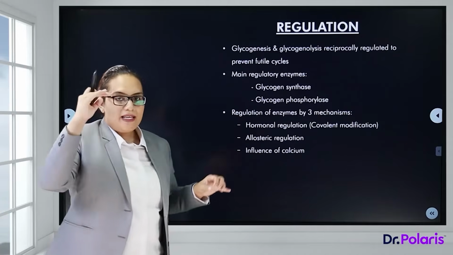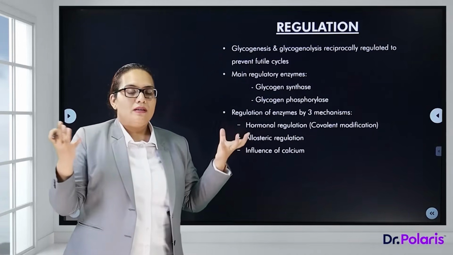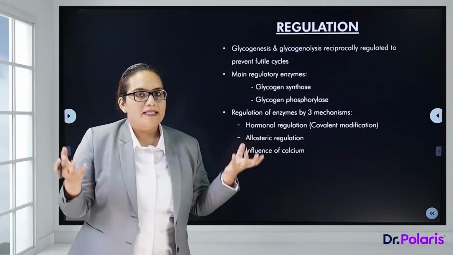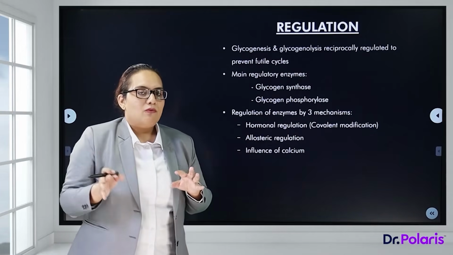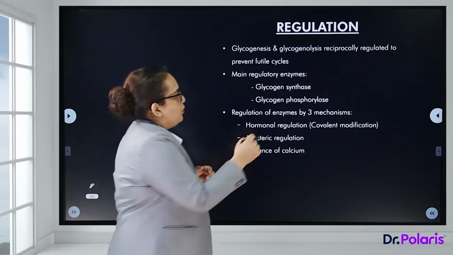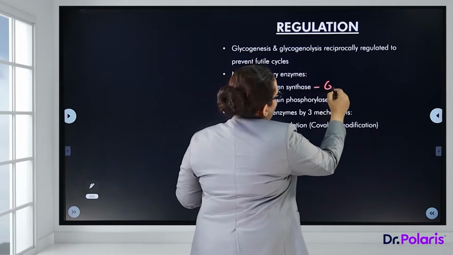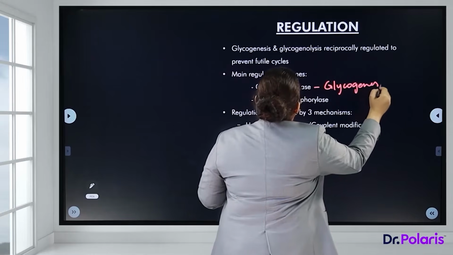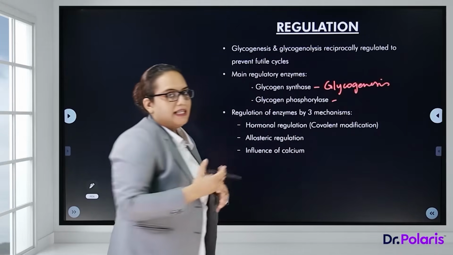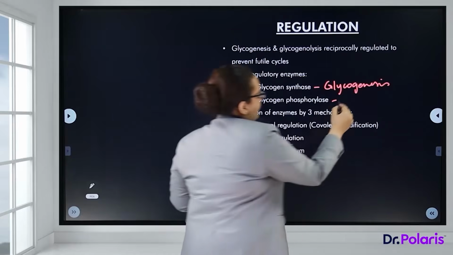These are the three levels at which both glycogenesis and glycogenolysis are well regulated. The two main key enzymes involved in this regulation are glycogen synthase for glycogenesis, and glycogen phosphorylase, which is the key enzyme of glycogenolysis.